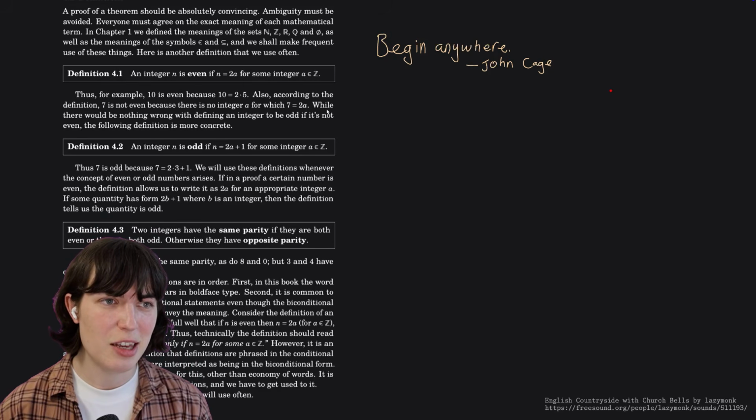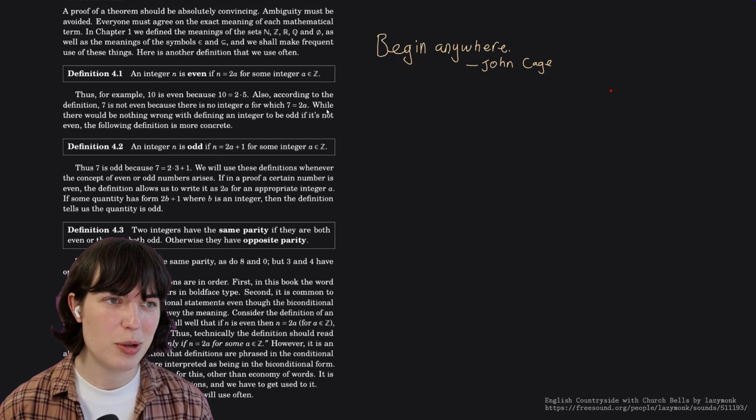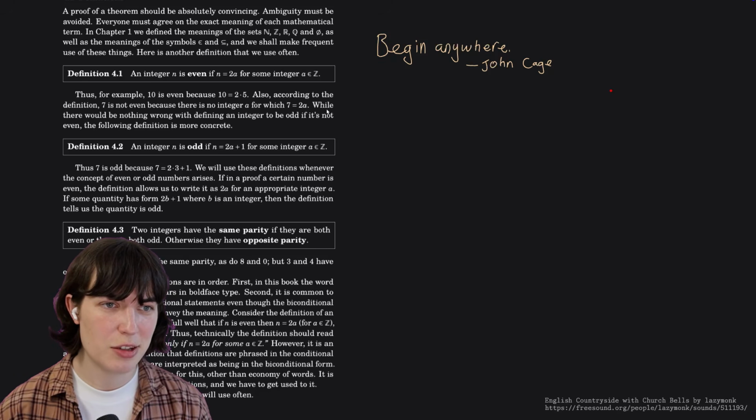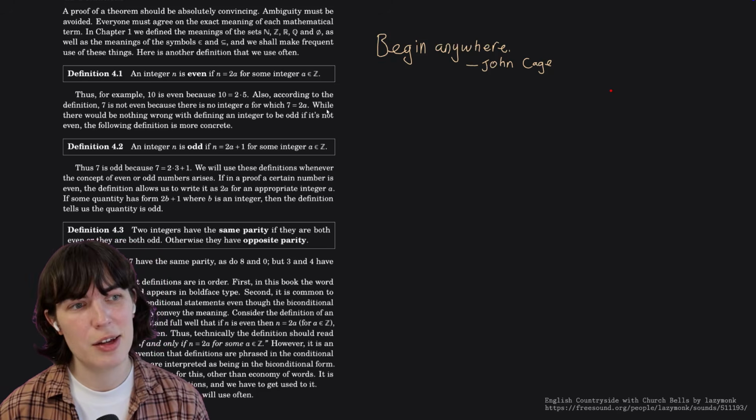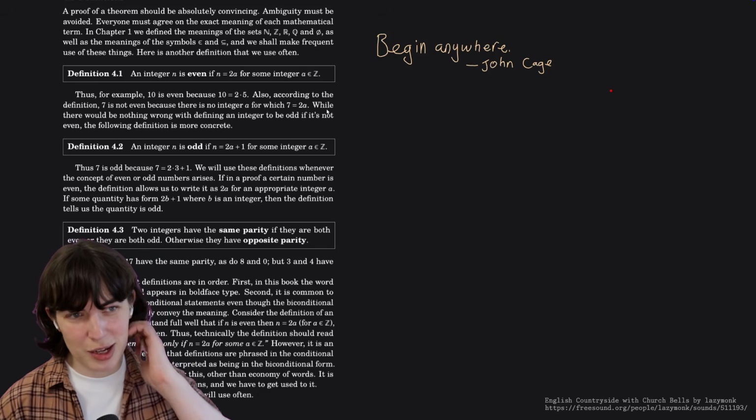An integer n is even if n equals 2a for some integer a in the integers. Thus, for example, 10 is even because 10 is equal to 2 times 5. Also, according to the definition, 7 is not even because there is no integer a for which 7 is equal to 2a.